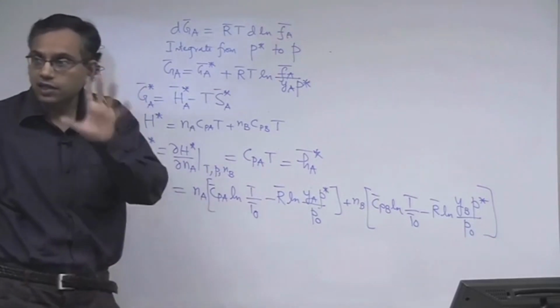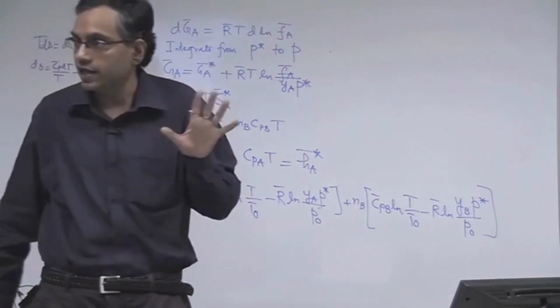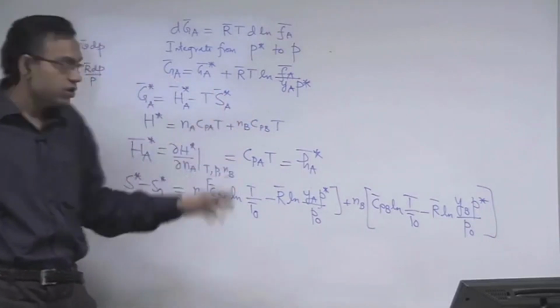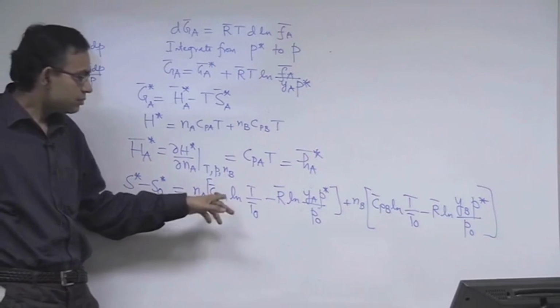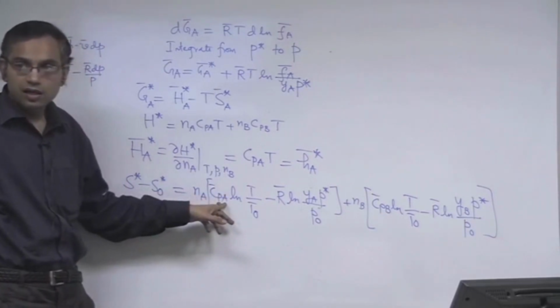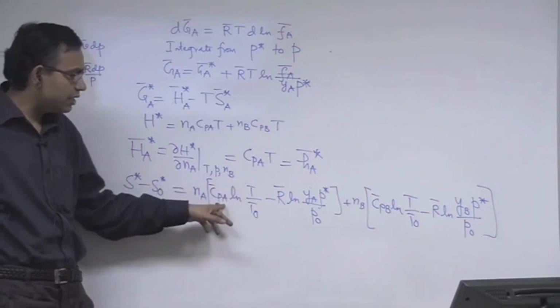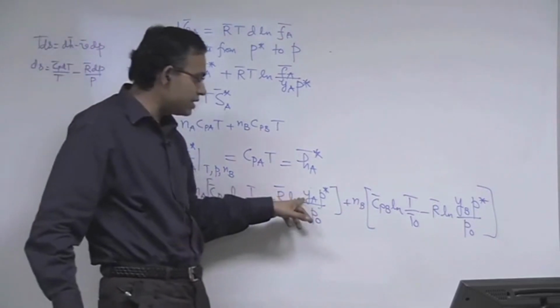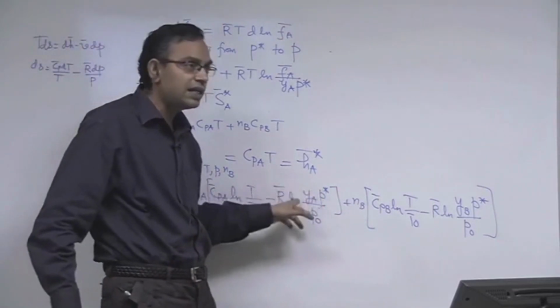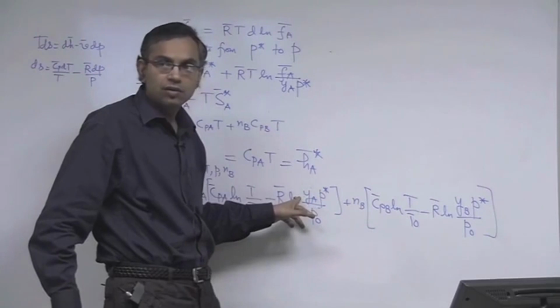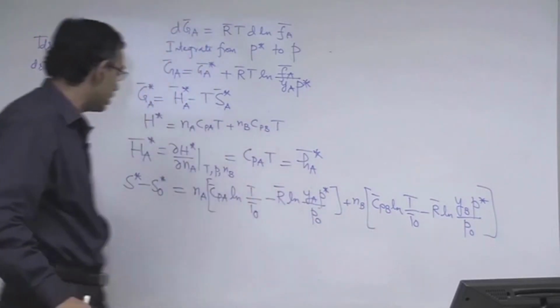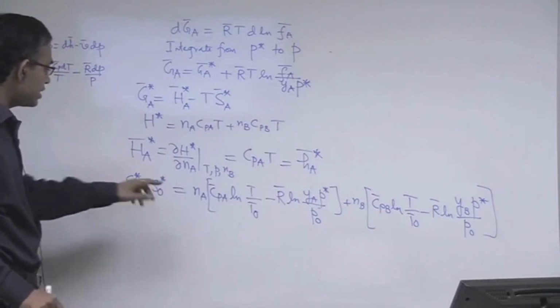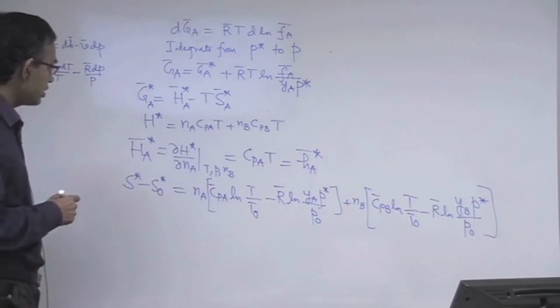So ideal gas does not mean Cp is a constant, but this expression you can write only when Cp is a constant. So that is a special case of an ideal gas, that is called as calorically perfect gas. So there is a difference between perfect gas and ideal gas. Okay. So this is called as calorically perfect gas, for which Cp is a constant, so you can take this out, and here because of the mixture you are basically writing the partial pressure, that is why the total pressure times the mole fraction. Okay. So this is S star minus S0 star.